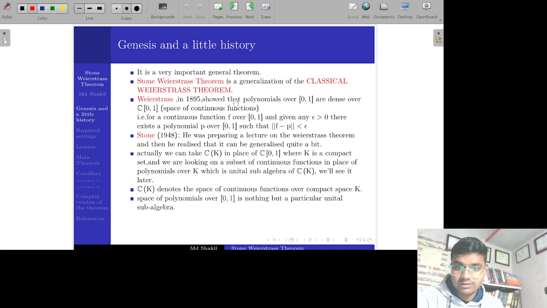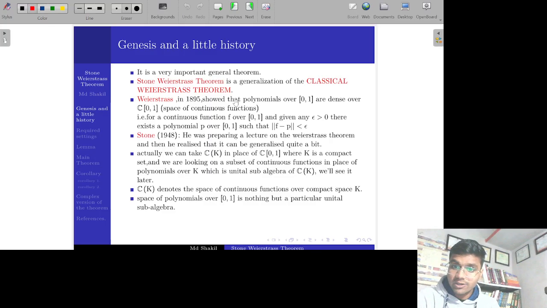Dense means take any continuous function f. Suppose f is any continuous function and its domain is the closed interval 0 to 1, and you have any epsilon greater than 0, then the set of polynomials is dense in this space.